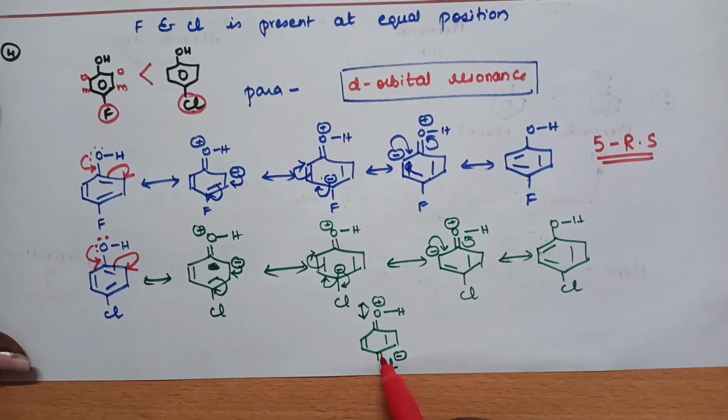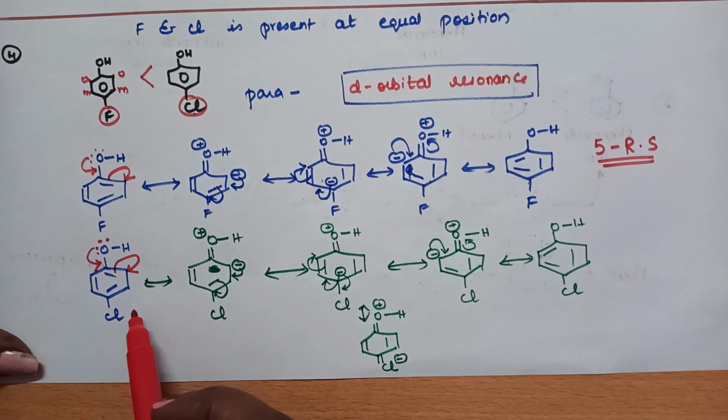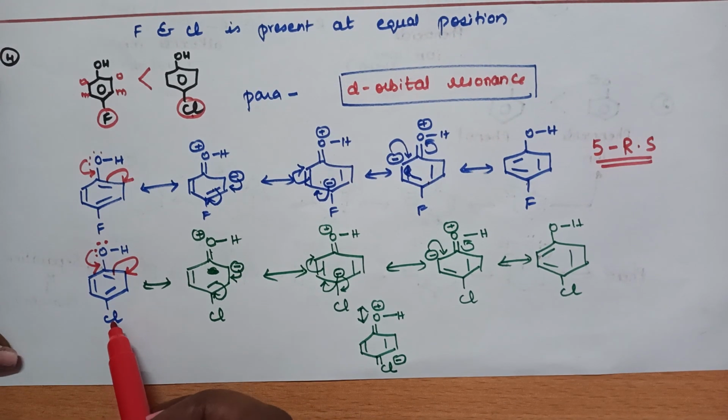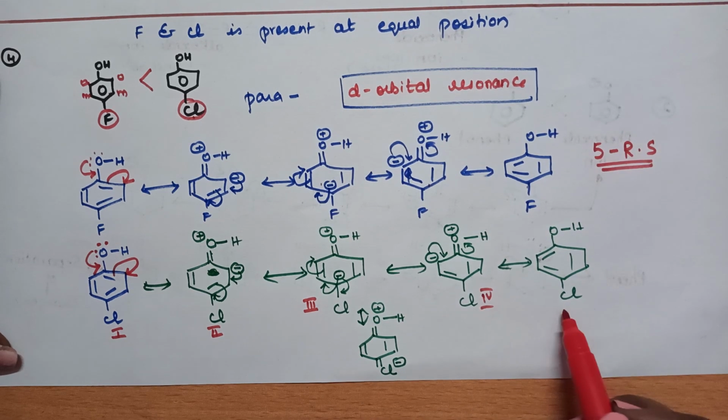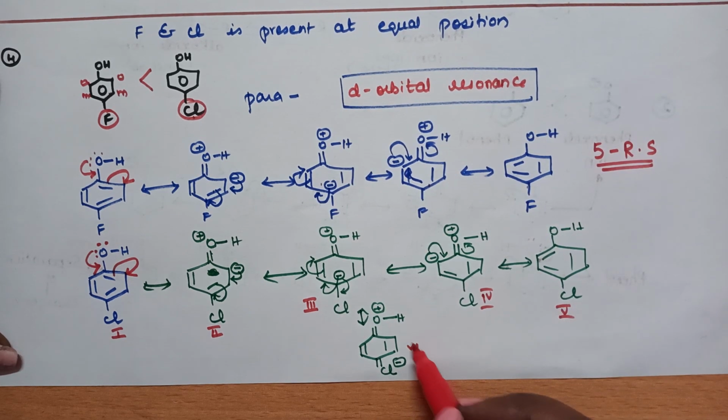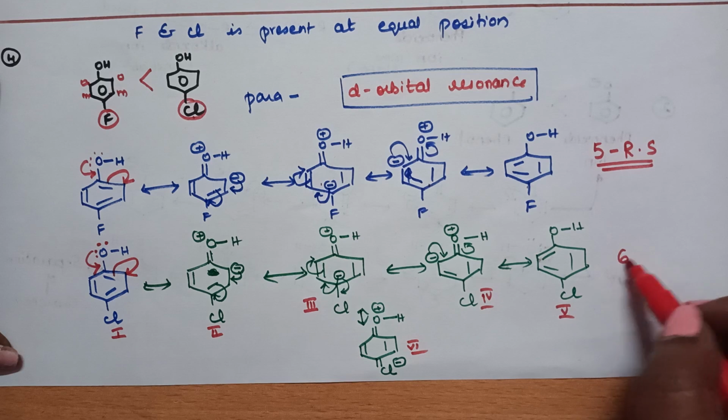So this is one extra structure you will get if chlorine is attached to phenol. So this is 1, this is 2, this is 3, this is 4, this is 5 and this is 6. So totally 6 resonance structures you are getting.